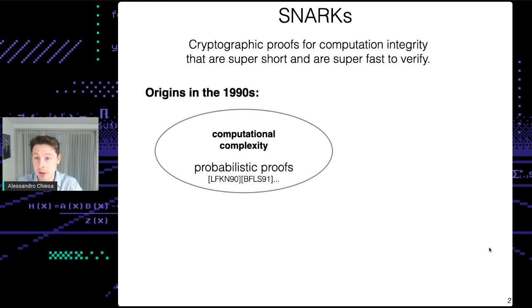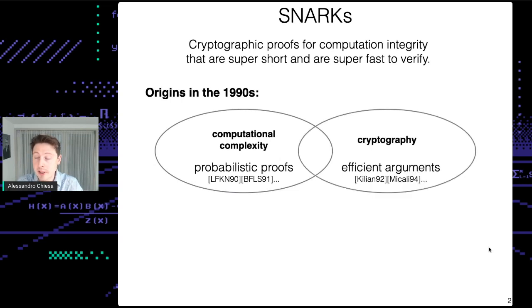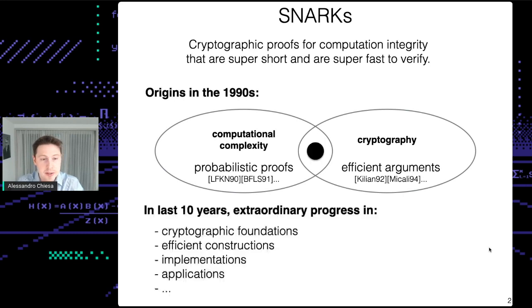One is computational complexity, specifically probabilistic proofs, and the other is cryptography, specifically the area of efficient arguments. So that's what SNARKs are. And in the last 10 years, there's been extraordinary progress in the cryptographic foundations of SNARKs, efficient constructions, and of course implementations. That's why we're all here, and applications, as many of the companies that you've seen in the sponsor segment of today are working on.